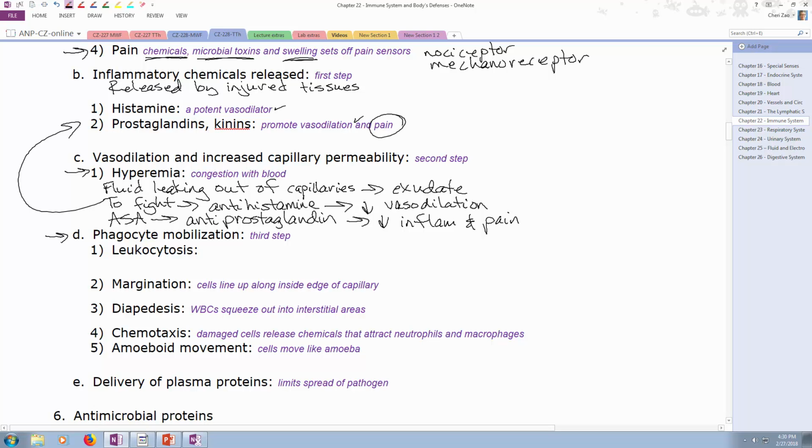So leukocytosis is due to chemicals released by injured cells to cause an increase in WBCs, more specifically neutrophils. So with the inflammation, it is not unusual to see your neutrophil counts go up and up and up.